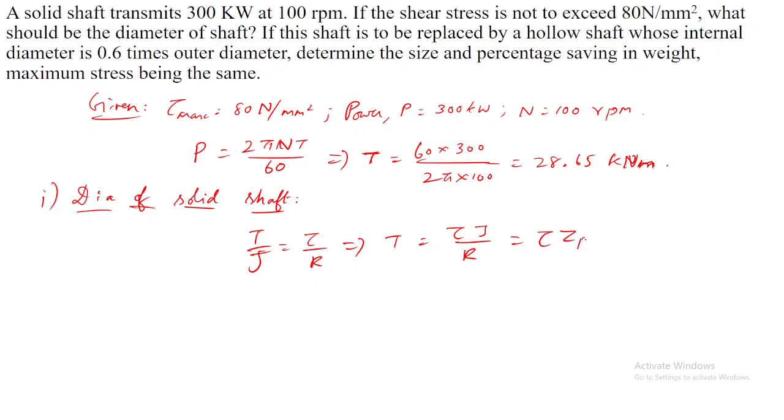So T equals tau into Zp, which is pi by 16 d cubed. So from this you can find out the value of d. So T is 28.65 kilonewton meter, so into 10 to the power of 3, which equals tau, 80 megapascal, I mean Newton per mm square, into pi by 16 into d cubed. So if you solve this, you will get the value of d.